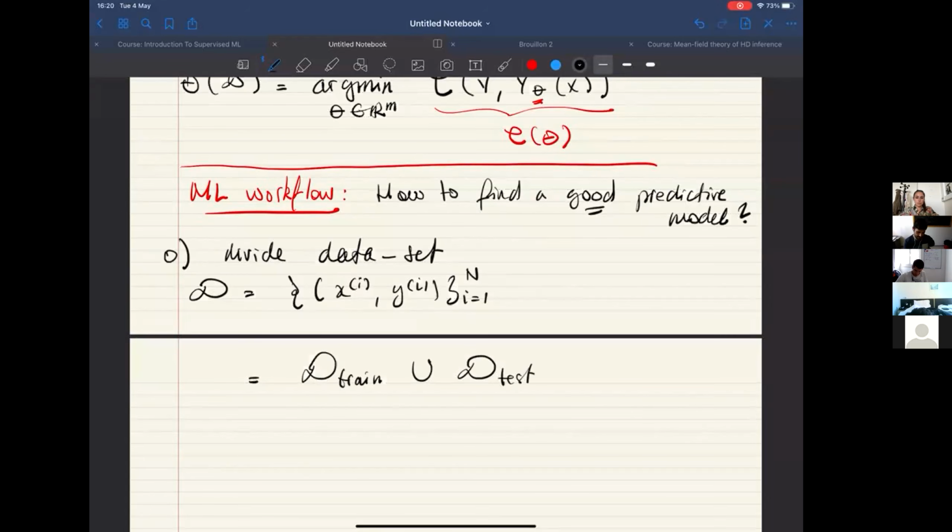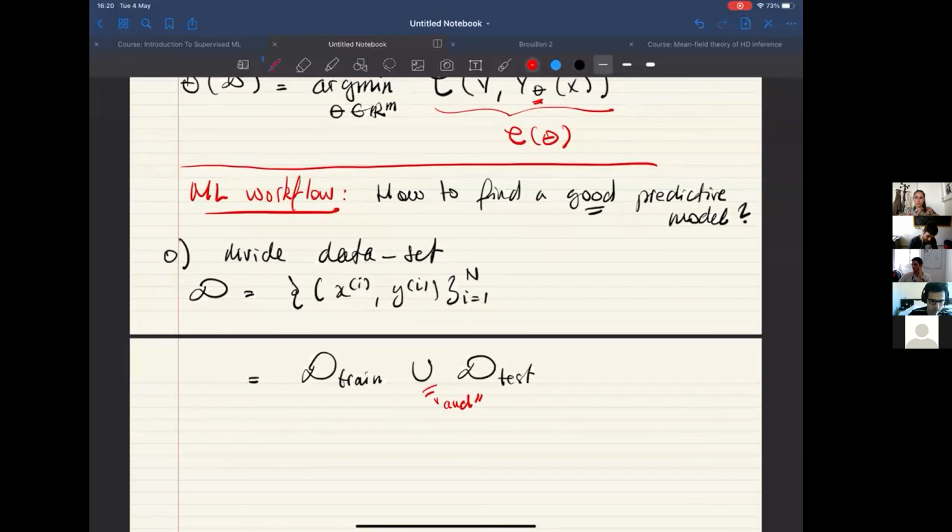Okay, is this symbol clear for everyone? This symbol means the union. It means the training set and the test set together make up the whole data set, which has size n.